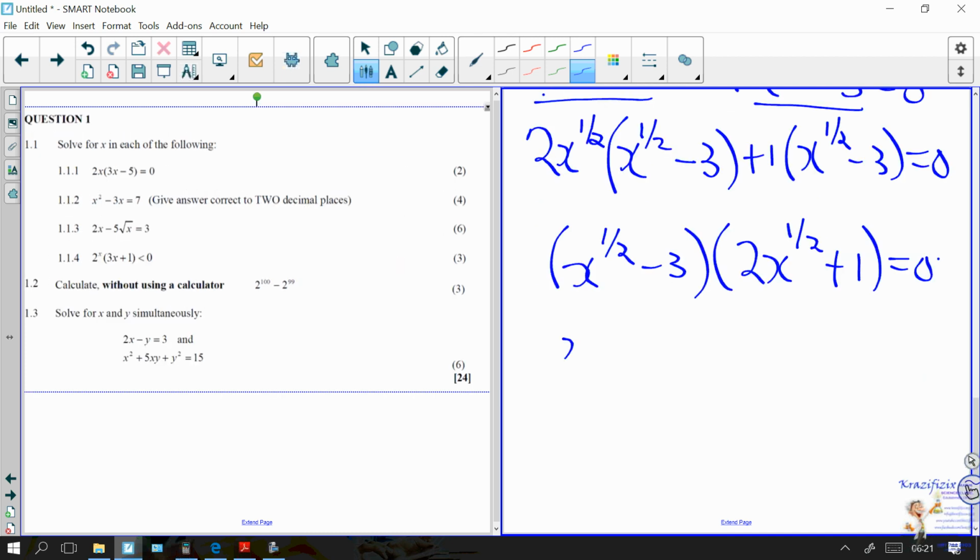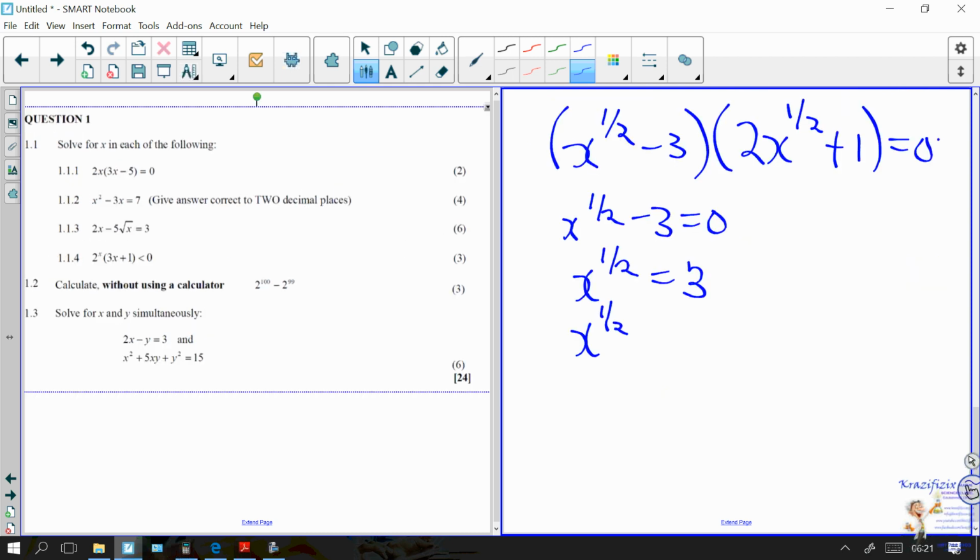So what do we have? Either x to the power half minus 3 equals to 0, which means x to the power half equals to 3. All right. And if we do that, we need to find a way here now to get our answer. Reciprocate that.